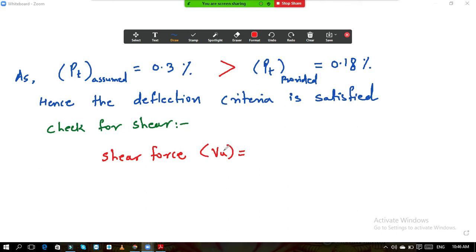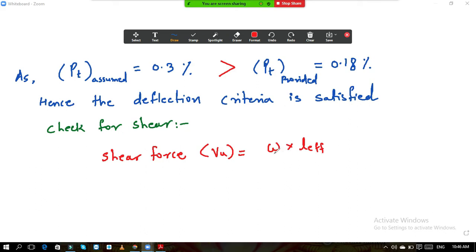Can you tell me what is the maximum shear force in a cantilever beam? For the check for shear when the slab is a cantilever, we always calculate the shear force as W into L effective.